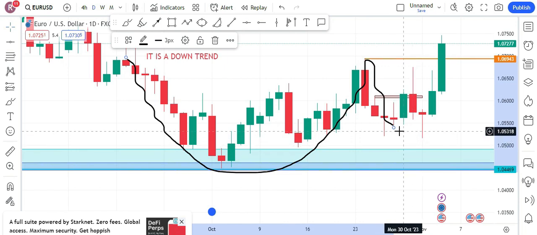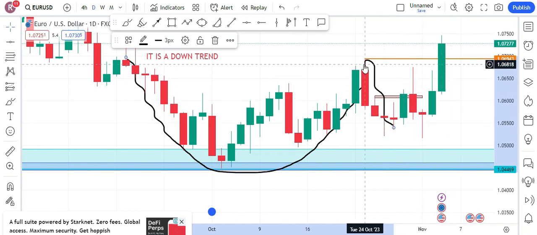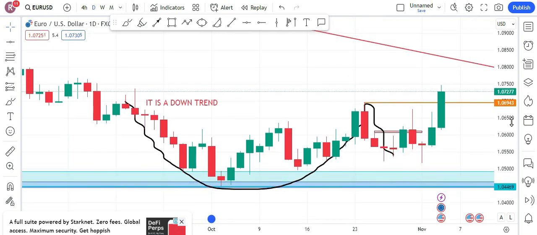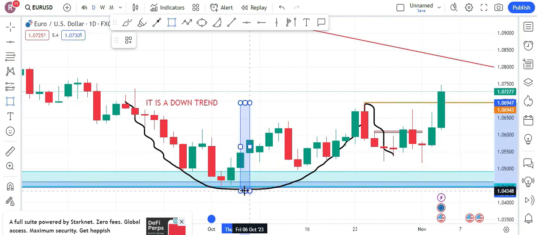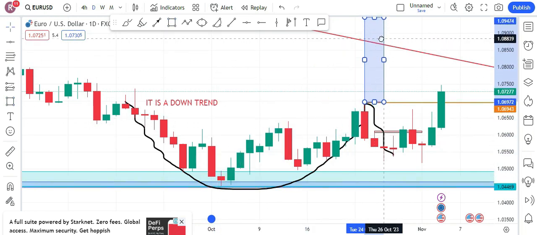So last week, what happened? 1, 2, 3, 4, 5. The very simple cup and handle pattern. When we measure the depth from here, this is the depth from the lowest candle. So this is the lowest bottom, like the depth of the cup, and now it will go from here to here.